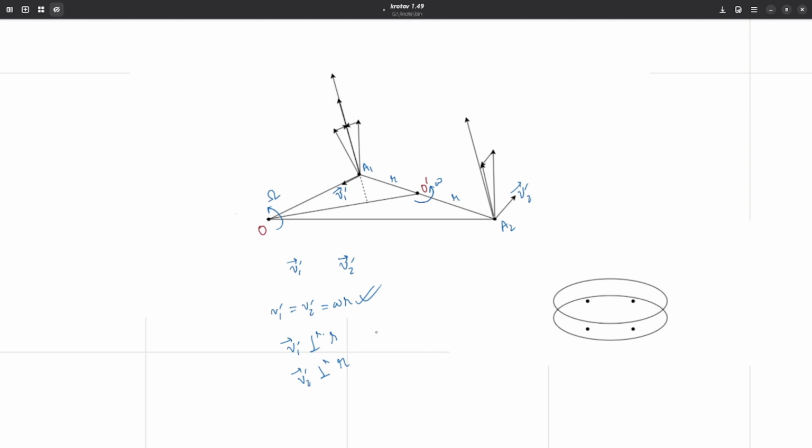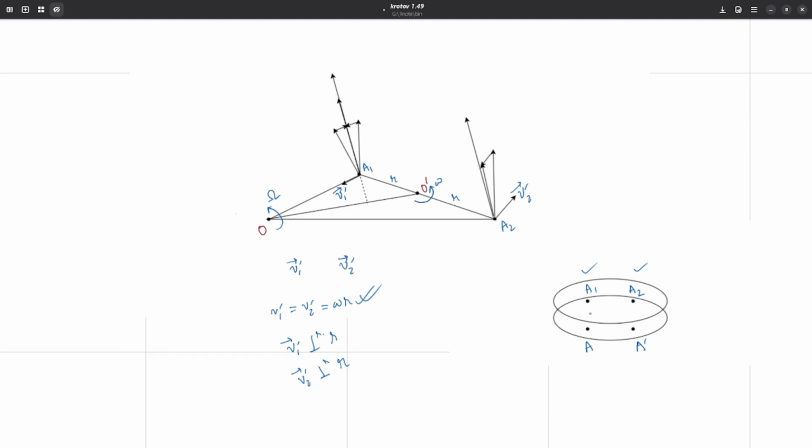As this is the only force propelling the smaller disk, it must be along the new velocity vector. Let this point be a1 and this be a2. Let this point be a and this be a prime, where a is the point just below a1 on the larger disk and a prime is a point just below a2 on the larger disk, where a1 and a2 are the points on the smaller disk.